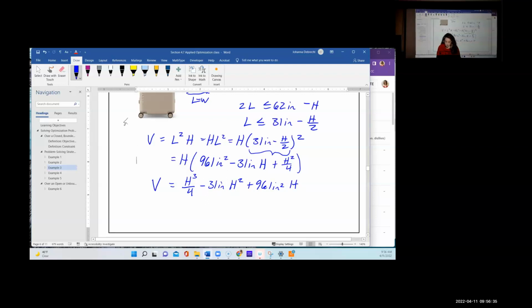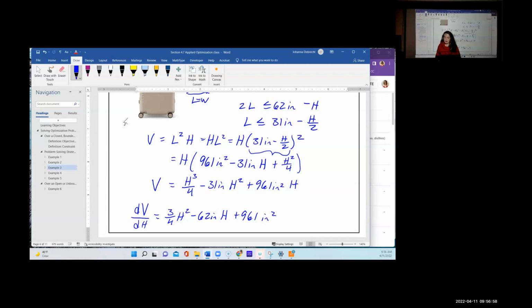And then I'm going to take the derivative. So dV/dH is going to be 3 over 4 H squared minus 62 inches H plus 961 inches squared, right?